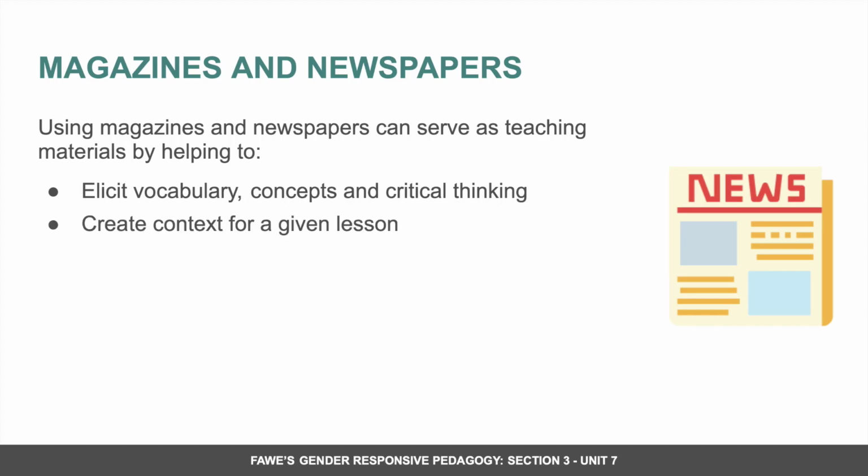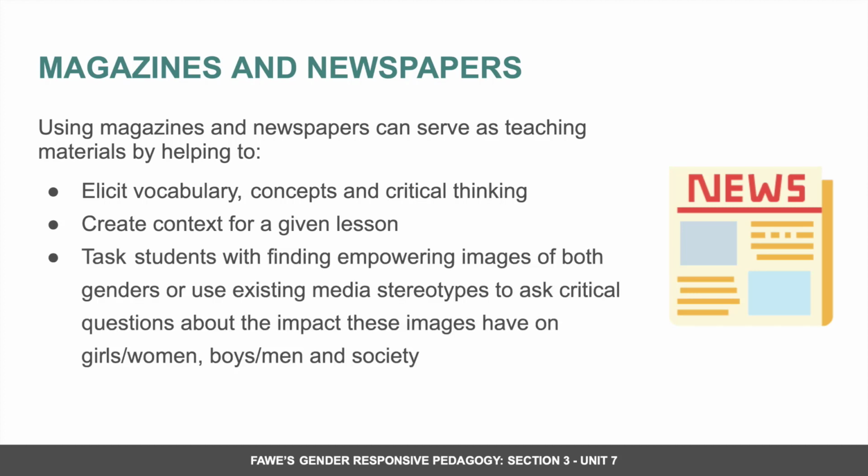Create context for any given lesson. Task students to find empowering images of both genders, or use existing media stereotypes to ask critical questions about the impact these images have on girls or women, boys or men, and society.